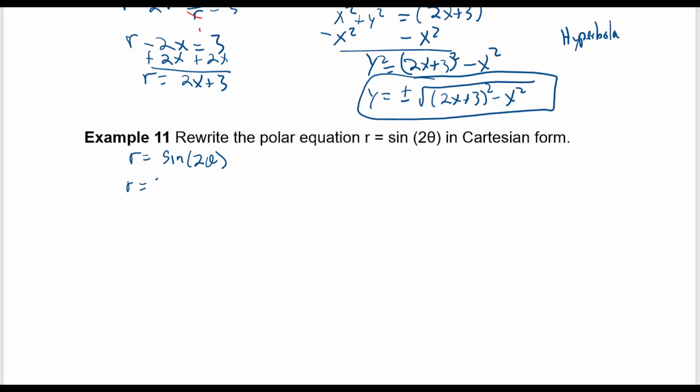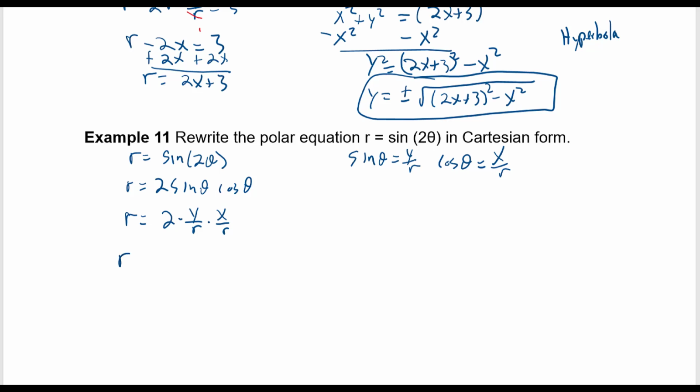So r equals 2 sine theta cosine theta. Now recall that sine theta is y over r and cosine theta is x over r. So this is r equals 2 times y over r times x over r.